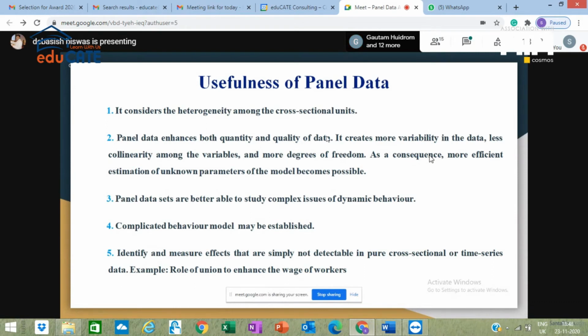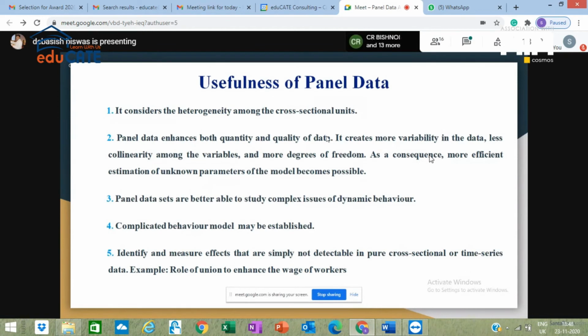Because when you are considering 17 states, listen minutely, and for each state you are considering 3 time periods, that means you have 51 types of combination or 51 observations. But if you are not classifying the cross-sectional units, you are not demarcating the states, then there will be no such variation.